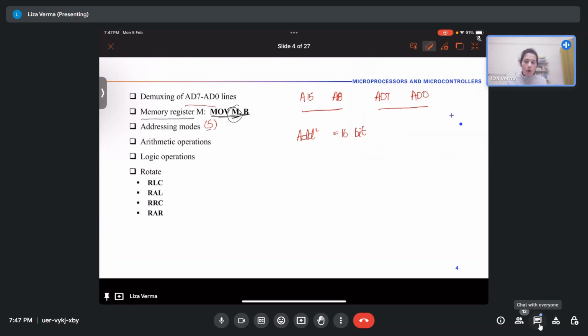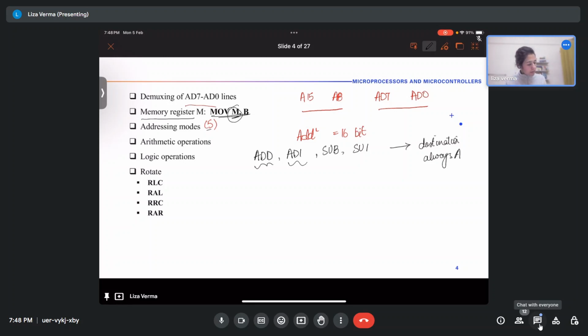Add, subtract, and so on. For instructions like ADD, ADI, subtract, SUI, the destination is always the accumulator. Whatever the instruction, there will be some operand given in ADI, ADD, and the result of that operation will always go to the accumulator, right?